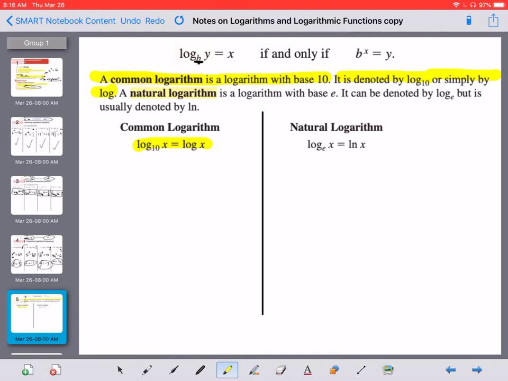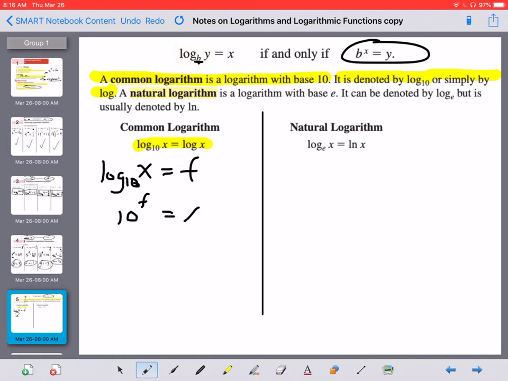I'll show you what I mean by that. If we had log base 10 of x equals f, and I wanted to rewrite that in exponential form, it would be 10 to the f equals x.